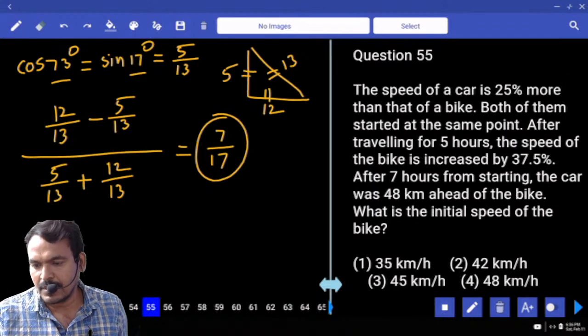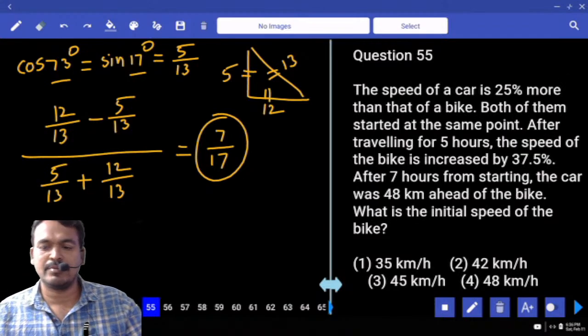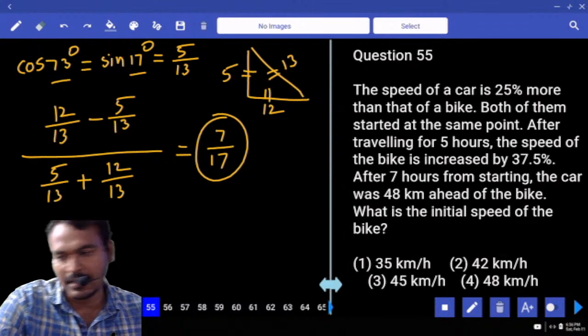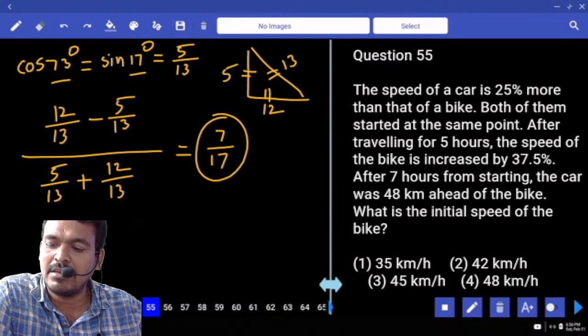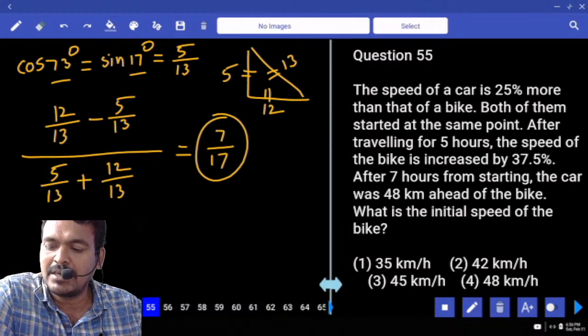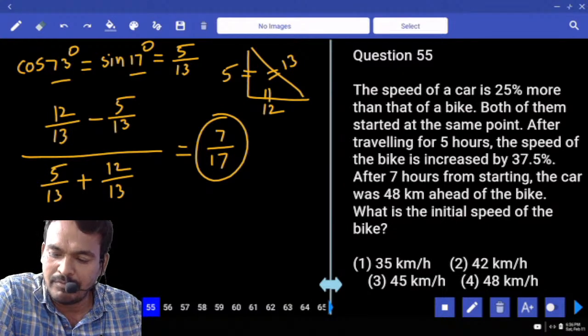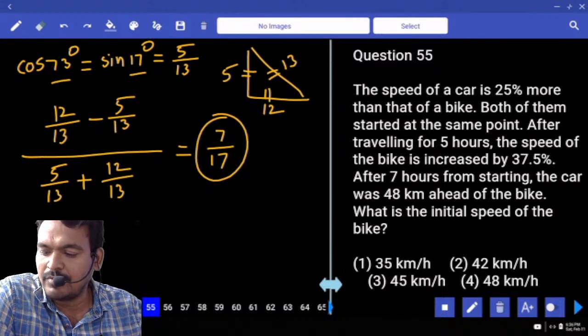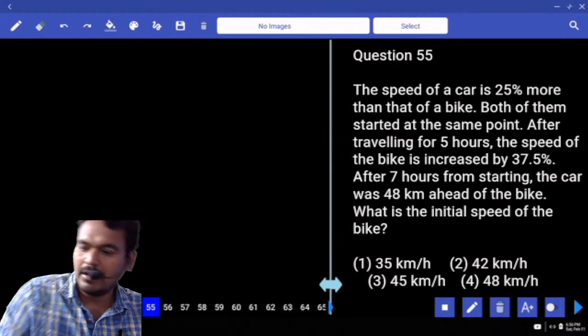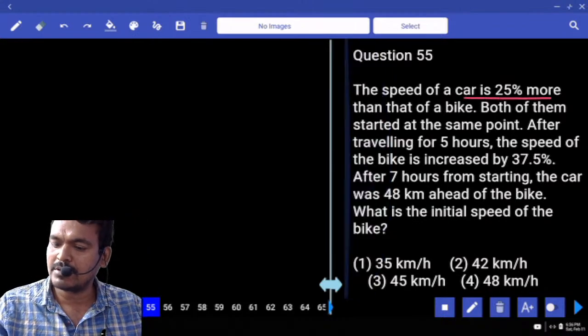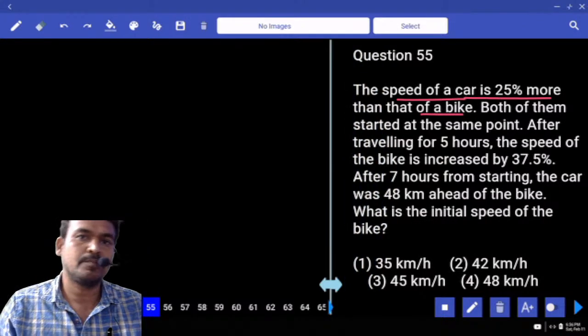Next, 55. The speed of a car is 25% more than that of a bike. Both of them started at the same point. After traveling for 5 hours, the speed of the bike is increased by 37.5%. After 7 hours from the starting, the car was 48 kilometers ahead of the bike. What is the initial speed of the bike? First of all, car speed is 25% more than the bike speed.